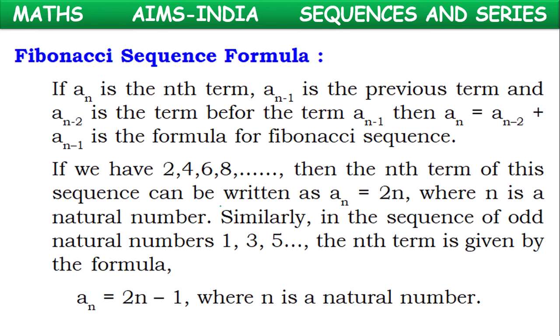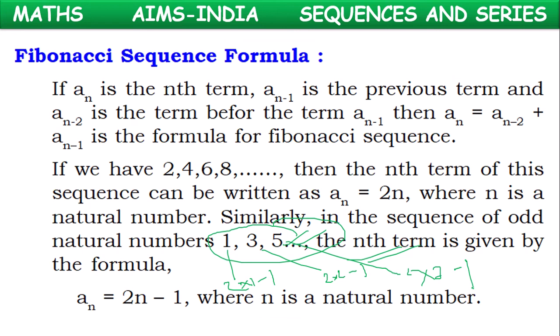Suppose if you have a sequence like 1, 3, 5 and so on. So the nth term is given by first term 2 into 1 minus 1. Second term 2 into 2, 4 minus 1. Third term 2 into 3, 6 minus 1.